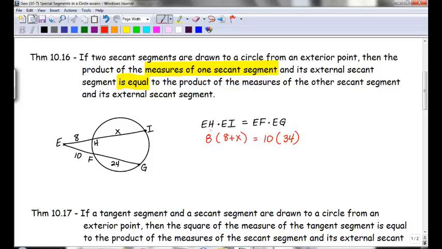So you can distribute this, or you can divide, if it's divisible, which I want to check. If I go ahead and multiply this out, I'd get 340. If I can divide this by 8 and divide this by 8, I don't have to distribute that. So 340 divided by 8.